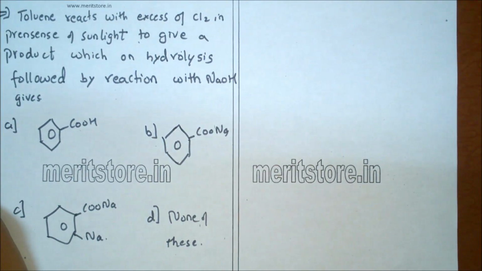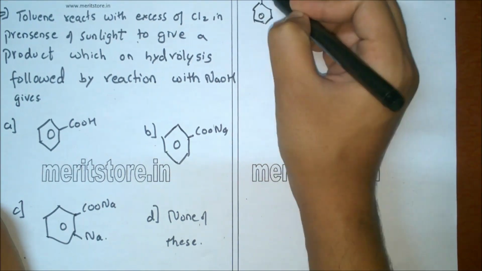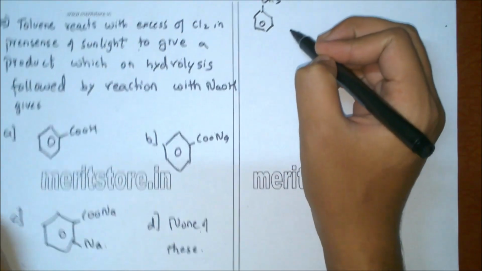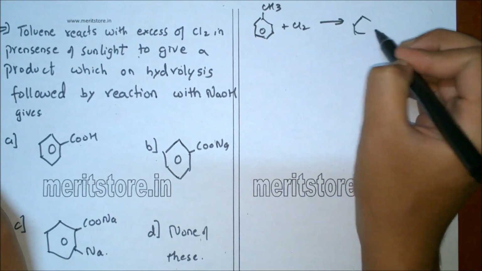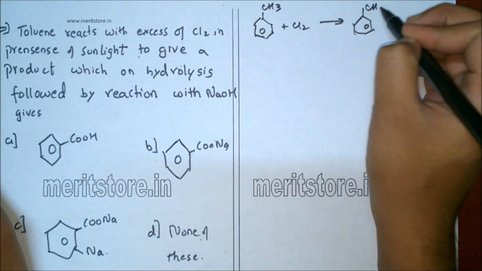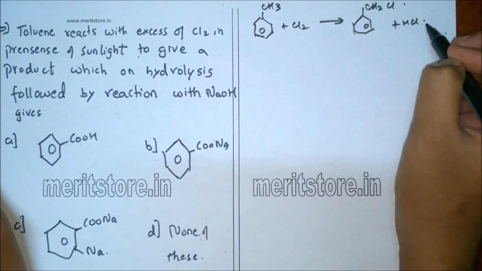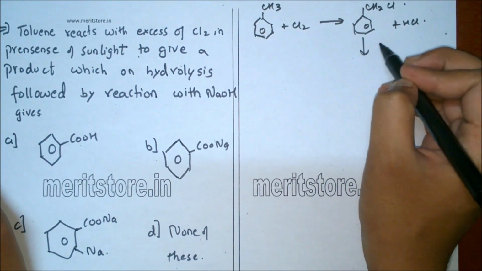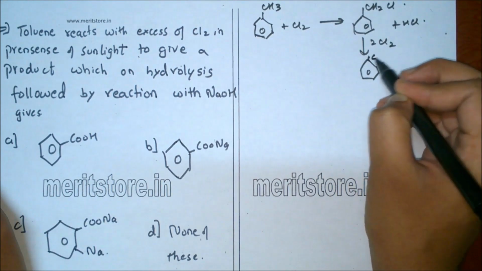Toluene reacts with excess of chlorine in presence of sunlight to give a product which on hydrolysis followed by reaction with NaOH gives. So toluene on reaction with Cl2 in presence of sunlight will give side chain chlorination, C6H5CH2Cl plus HCl, which on further reaction with more chlorine will give CCl3.